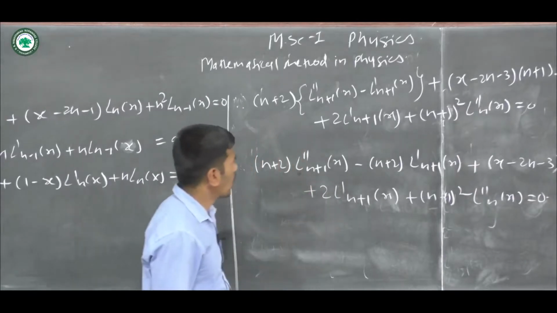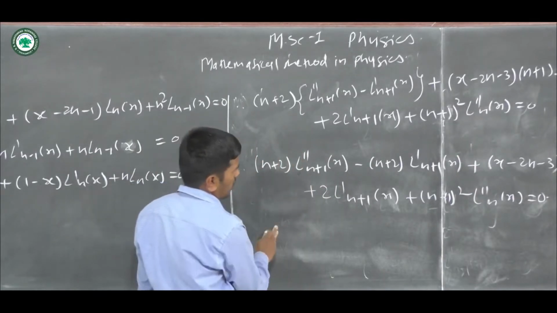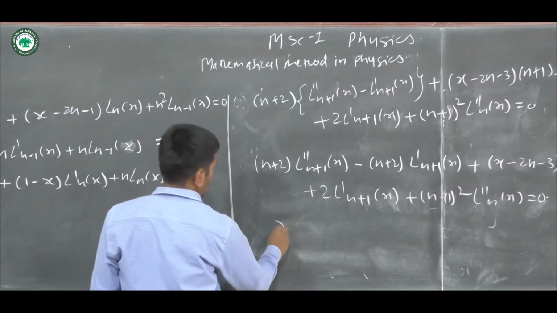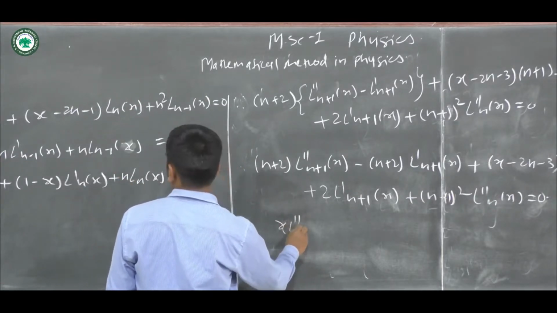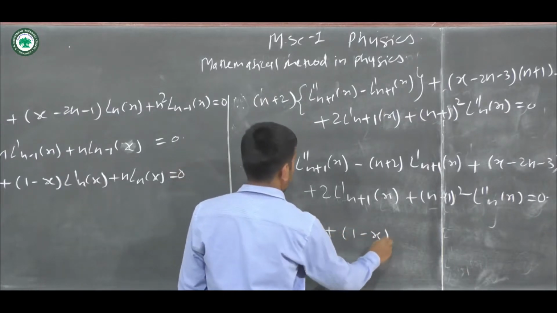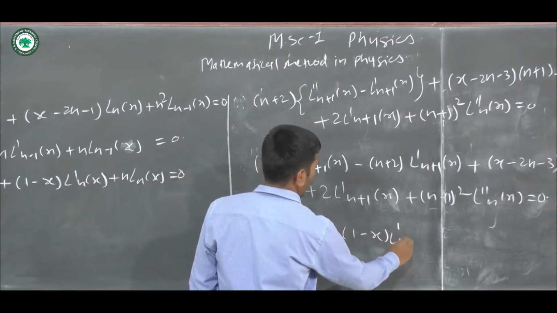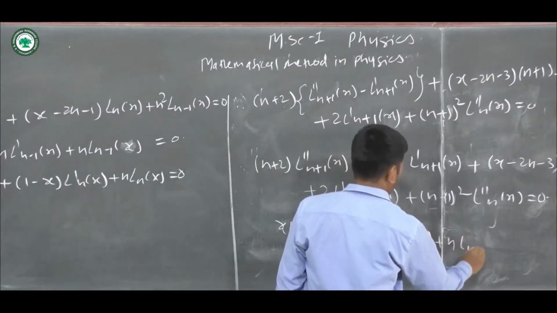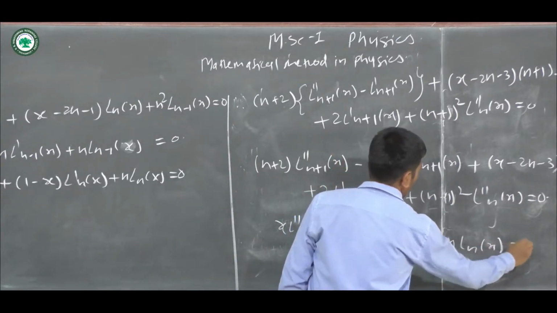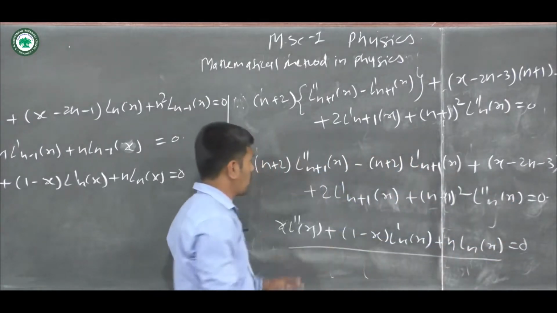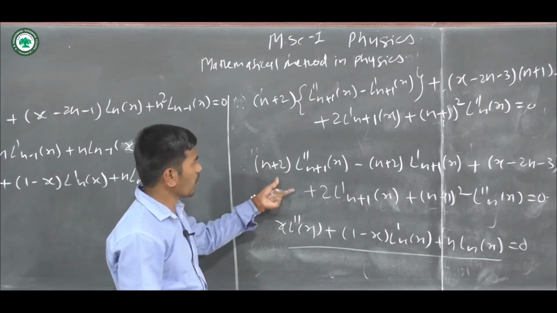So if I simplify all these brackets, then we get the relation x L double prime n of x plus (1 minus x) L prime n of x plus n L n of x is equal to 0, okay. So it is just multiplication here, all these things.